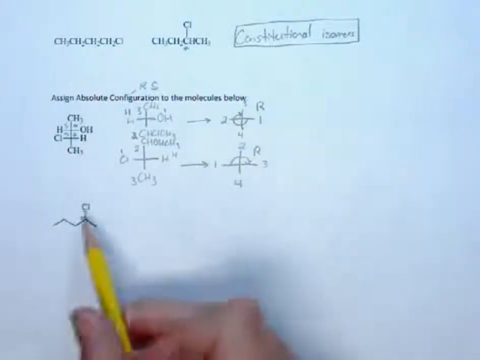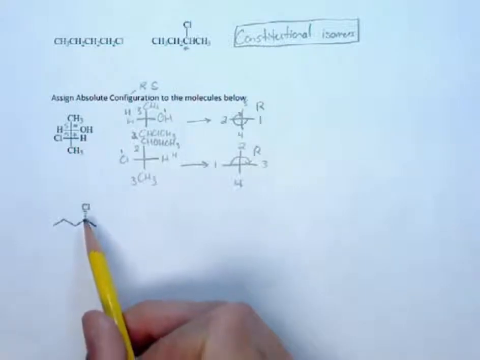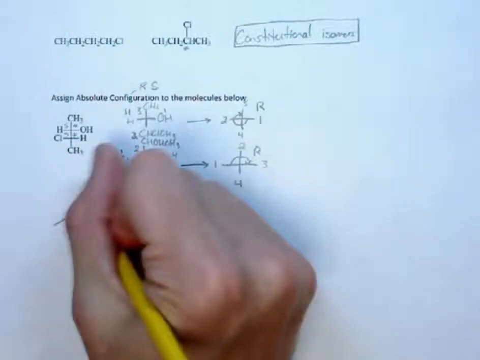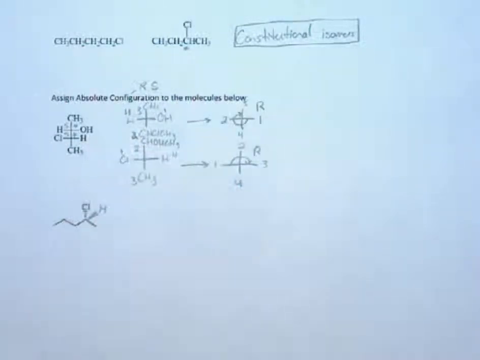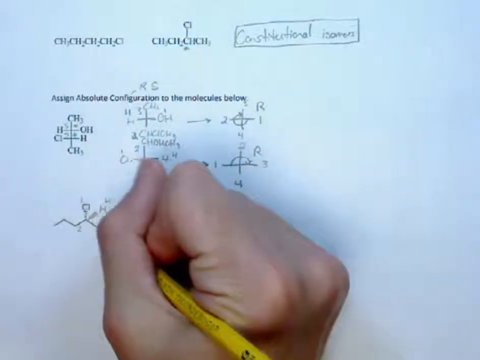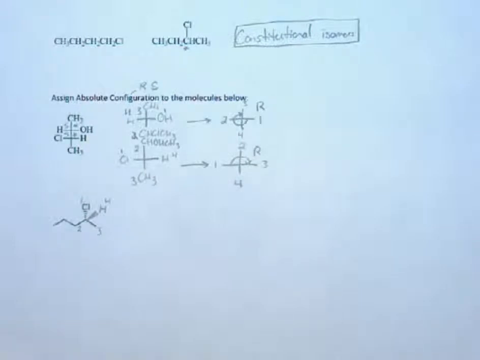For the last one here, we have a chlorine on a dashed wedge. And so if we draw on the solid wedge, we have an H here for our priorities. We have this. However, we need the lowest group away from us. So we're going to switch these two.